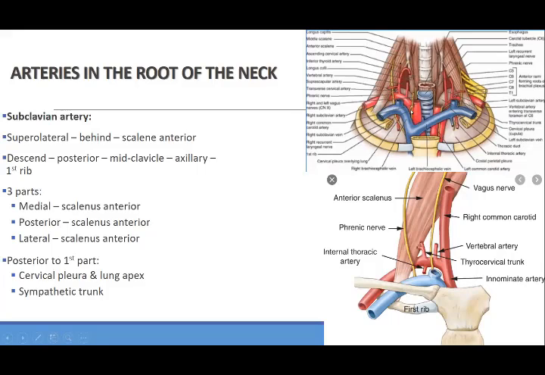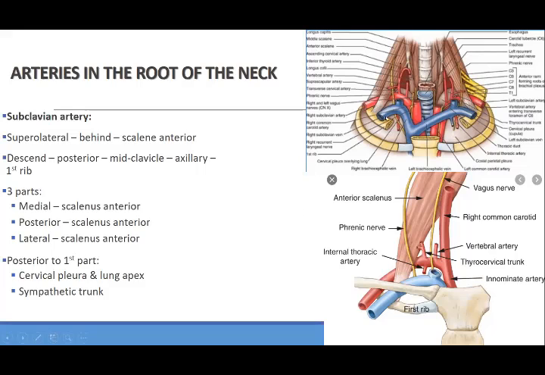Now, this subclavian artery, to begin with, is passing laterally and it is also ascending, superolaterally. Then it passes behind the scalenus anterior muscle, emerges from the lateral border of the scalenus anterior, and then passes behind the clavicle.